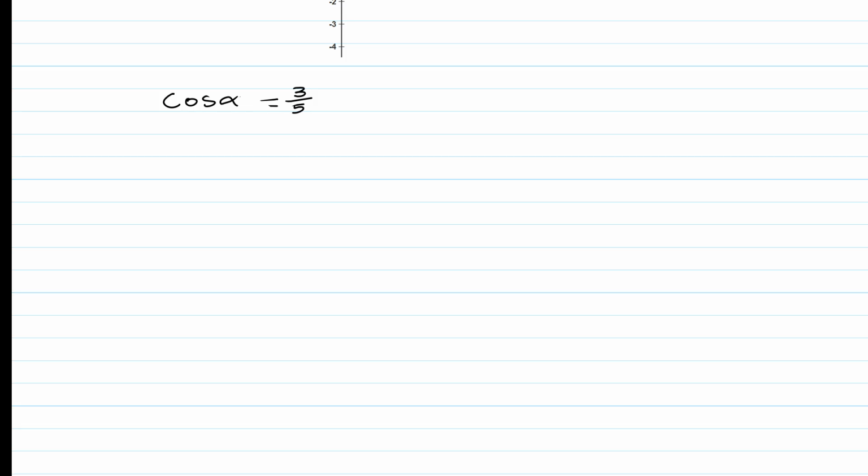Now, we applied the cosine function to alpha, and it yielded the ratio 3/5.